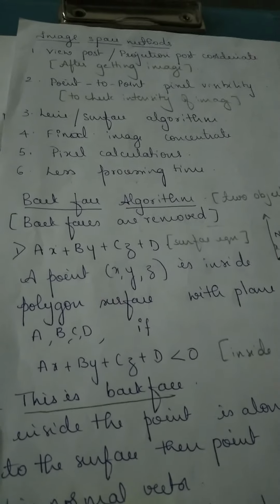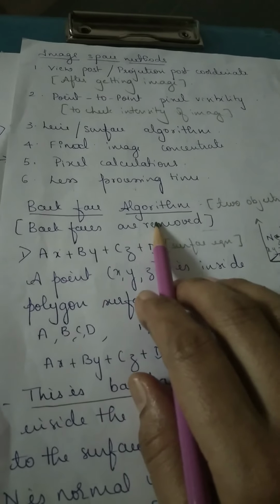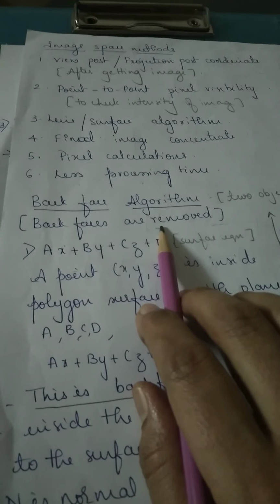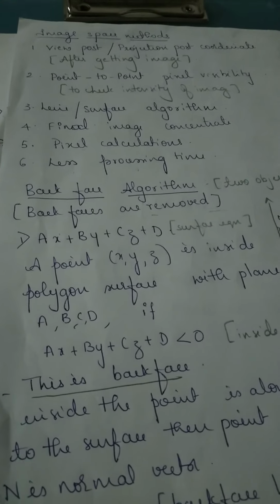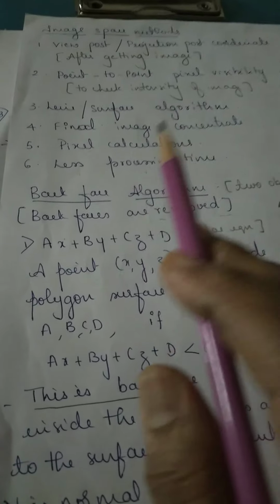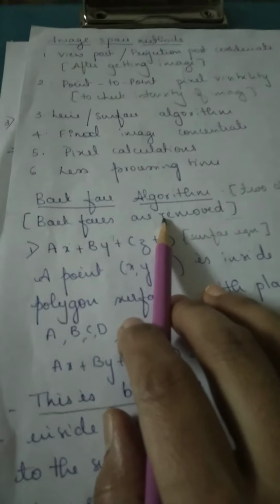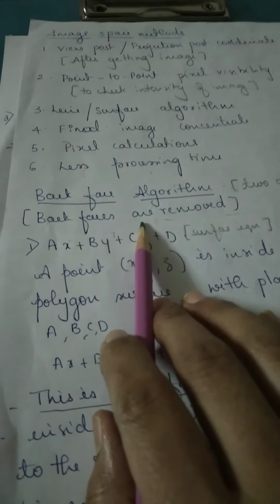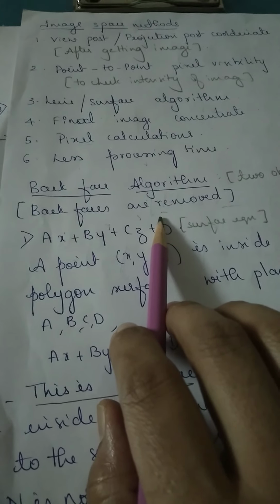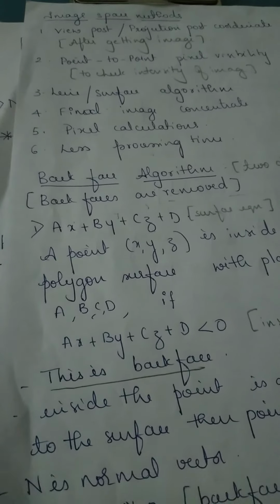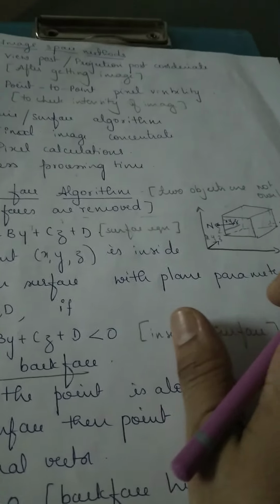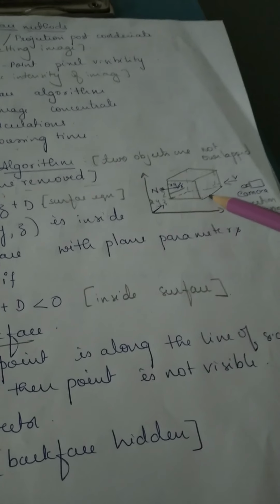In the backface algorithm, the main concept is just to remove the backface. To remove the backface, we need to find out which is the backface, which points come in the backface. For example, I'll take one plane.